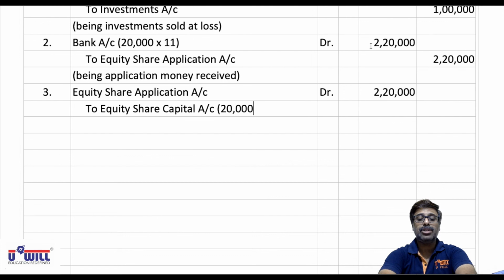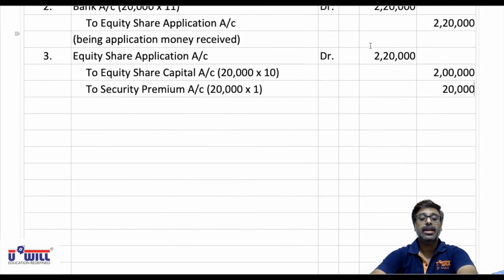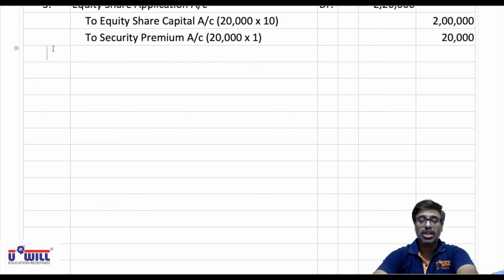So 20,000 shares into 10 rupees of face value, equity share capital account with 2 lakhs, and to security premium account with premium of 1 rupee. So 20,000 into 1, 20,000. Okay, these two entries are for issue of shares.